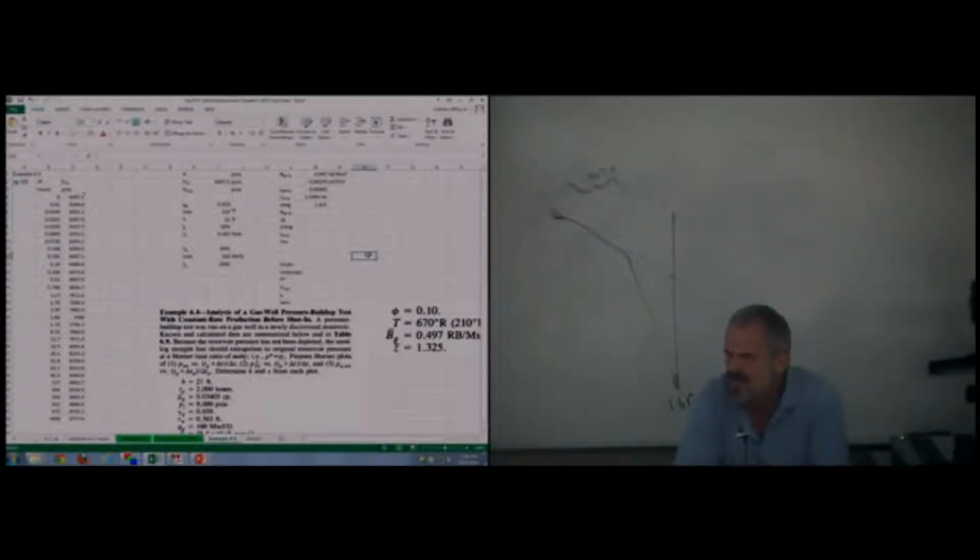Yeah, but I mean, that's almost one value, right? Well, I think the headline right here on example 6.34 says this was a buildup post constant rate production. It doesn't matter. Yeah, I know, it's the same Q, that's drawdown.